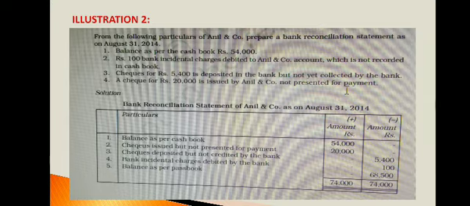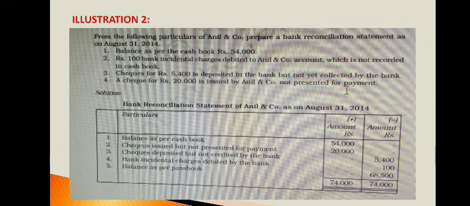Next, a check for rupees 20,000 is issued by Anil and Company, not presented for payment. Whenever a check is issued, we record it on the credit side of the cash book, showing that the balance is reduced.